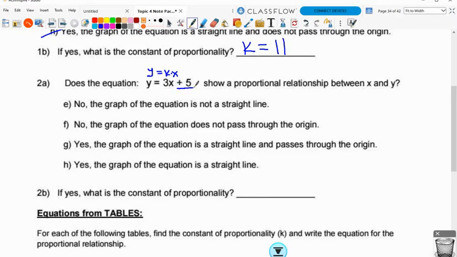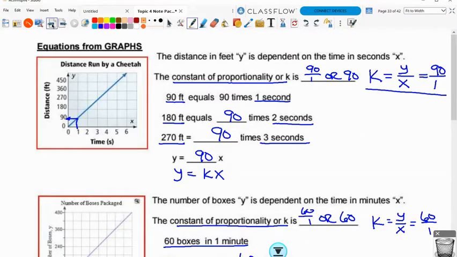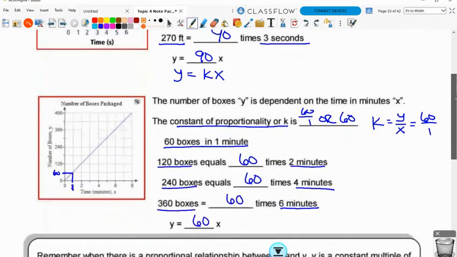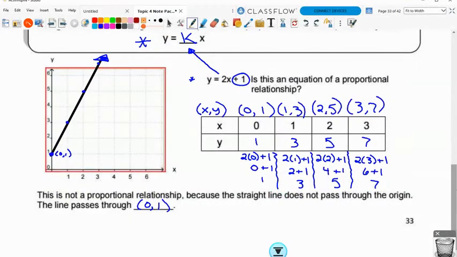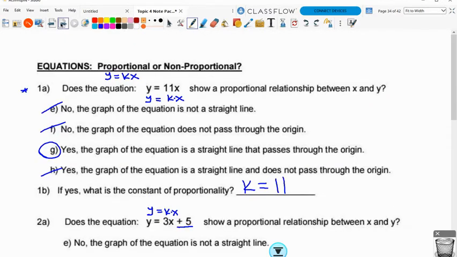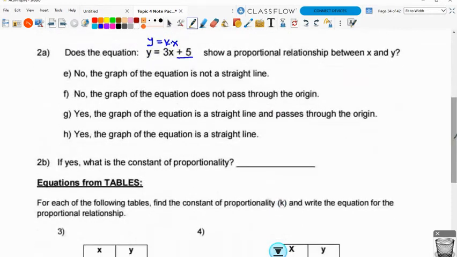And if we remember from our example before, when we had a plus 1 at the end, this plus 1 moved the line up 1 unit from the origin, and this made it non-proportional. So in this example, where it has a plus 5, this is going to move it away from the origin. It's going to move it up 5 units. So this is not going to be a proportional relationship.